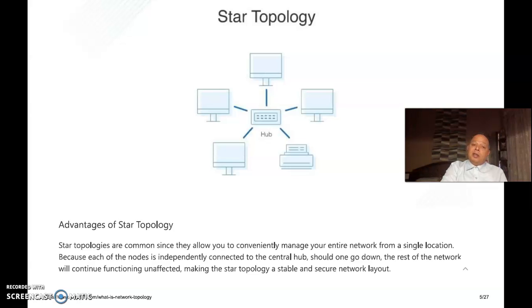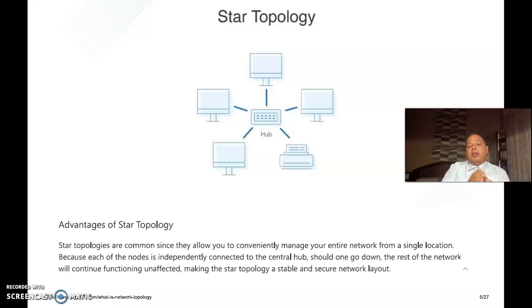And the main thing is you can manage the network from a single point, because if you manage this smart hub, nowadays you can remotely log in to these devices and remotely control them. So as far as the management of the network is concerned, this becomes a very useful management scheme.